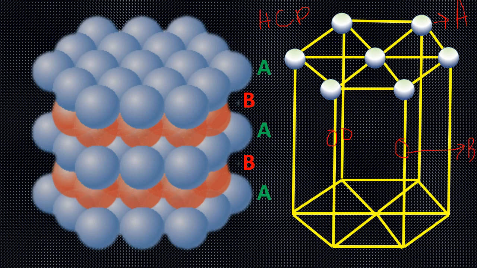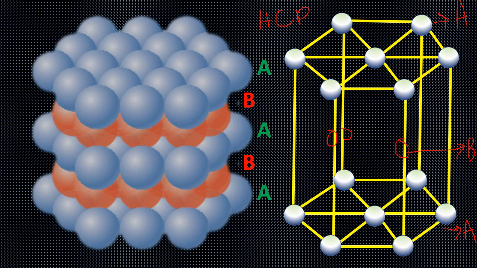Again, there is another hexagon which has the atoms at the corners of the hexagon like this one, this one, this one, and this one. So this is again the plane A of atoms. So it has the repeated stacking sequence AB.